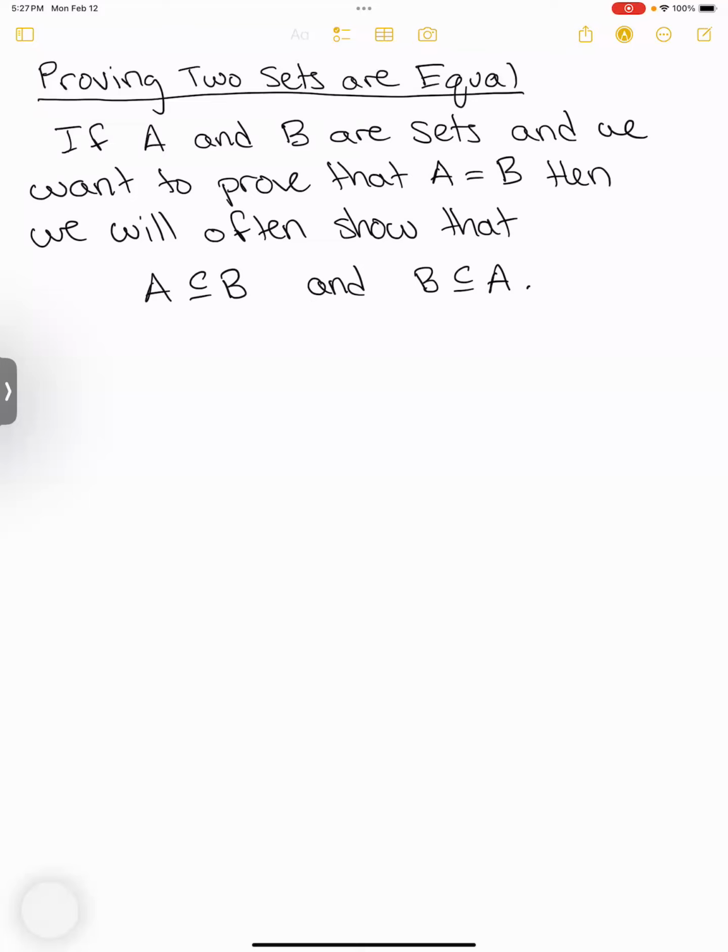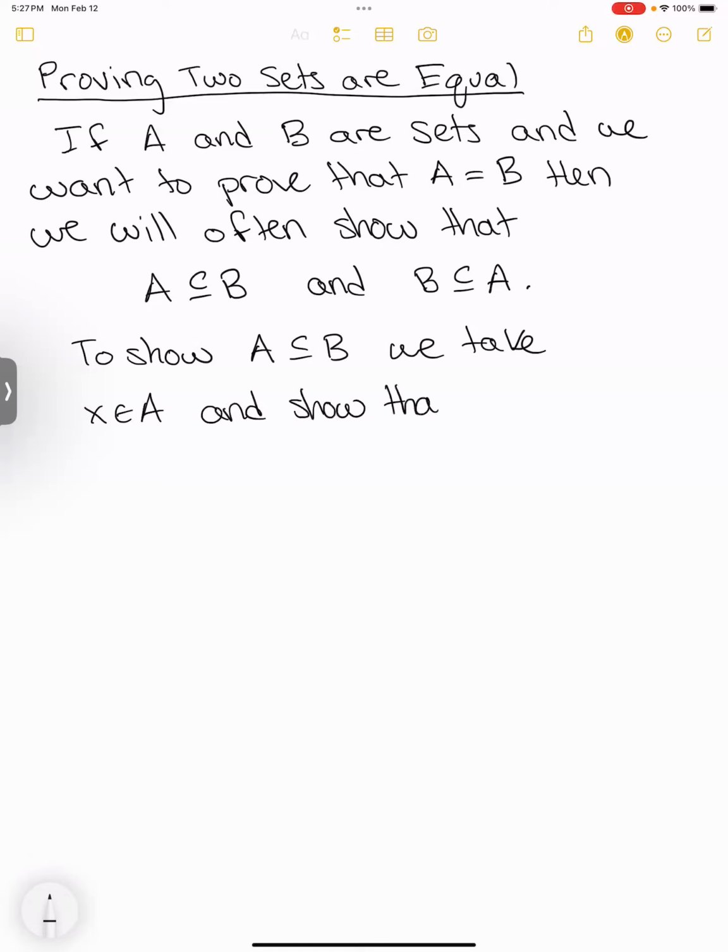The point is that there's a strategy for showing A is a subset of B or B is a subset of A. Remember that to show that A is a subset of B, we take X in A and show that X is in B. Yeah, so you take any X in A and show that it has to also be in B, then A is a subset of B. And for the opposite, you do the same thing, right?